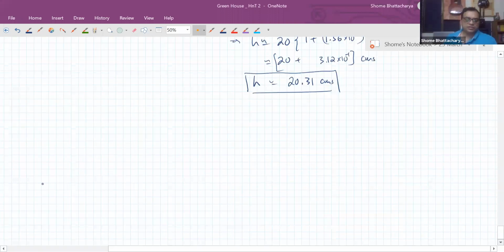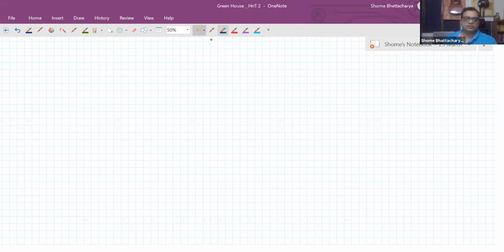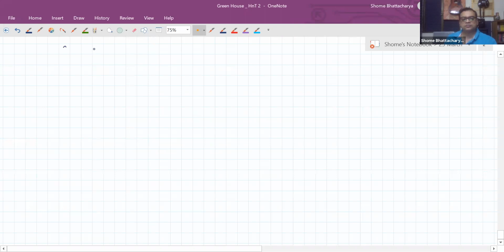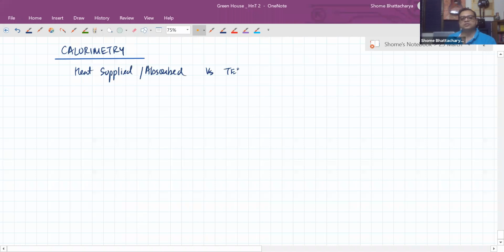Okay, so with that, we complete this section of thermal expansion. Now, I will just give you a brief introduction to the next section, which is called calorimetry. Calorimetry has to do with the relation between heat and temperature for a given body: heat supplied or absorbed versus temperature change, or state change, whichever is applicable.